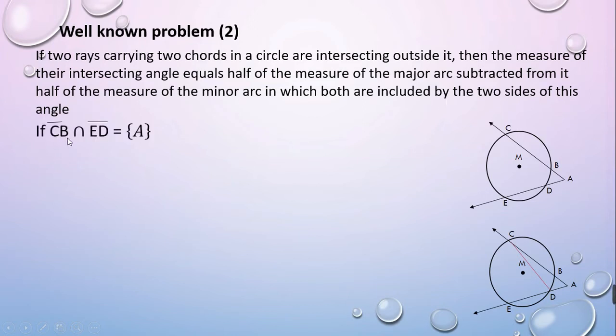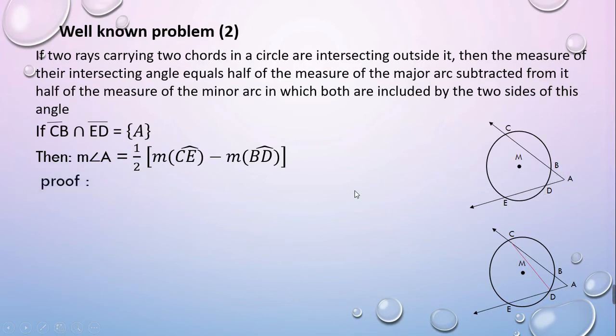So if CB intersects AD at A, then measure of angle A equals half the measure of the arc CE minus the measure of the arc BD, the major arc minus the minor arc.